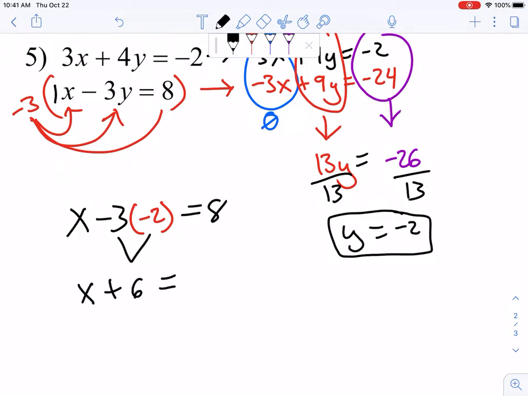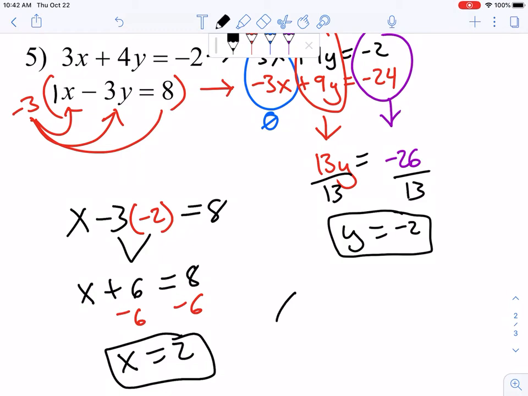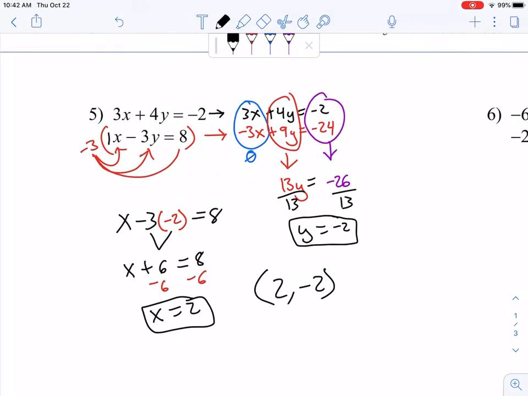So I get x plus 6 equals 8. And then I'm subtracting 6 from both sides. And I'm getting x equals 2. So my solution to this system of equations is my x value, comma, my y value: 2, comma, negative 2.